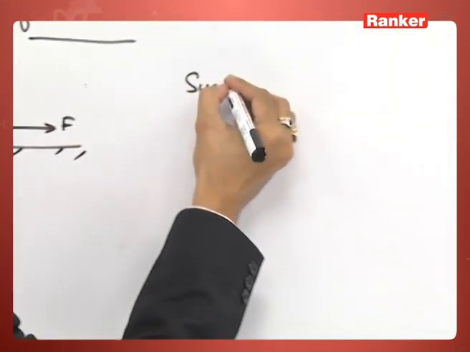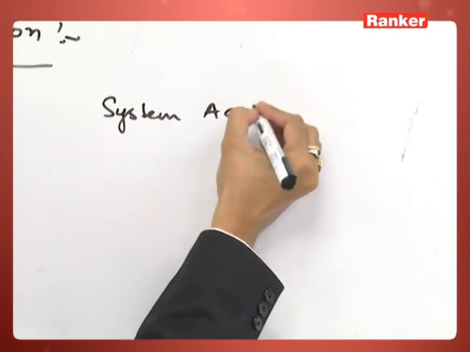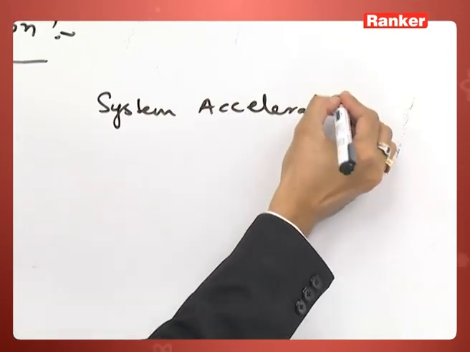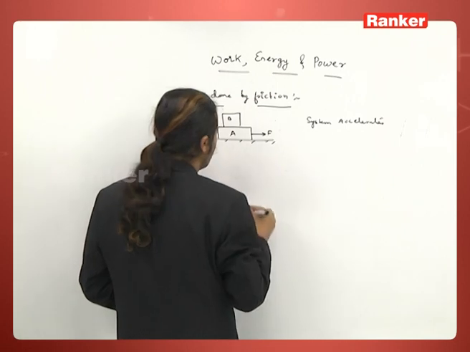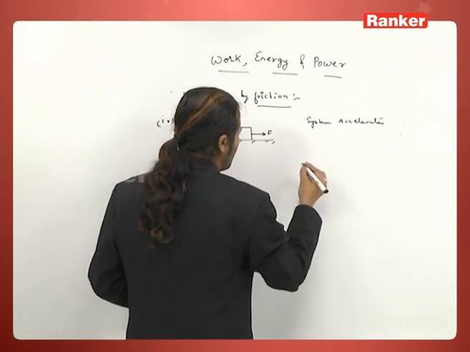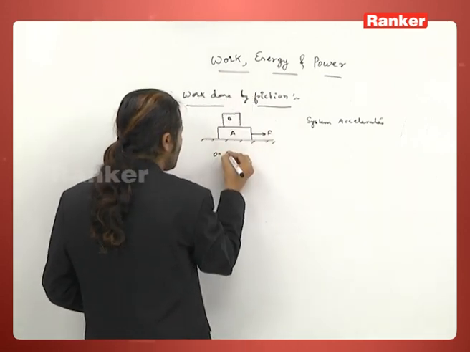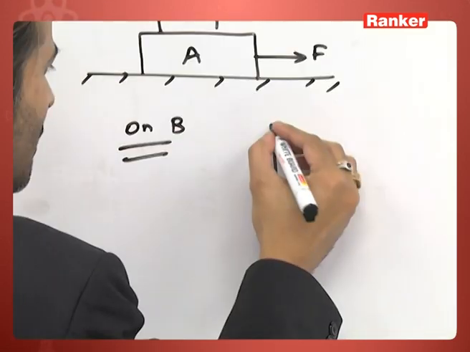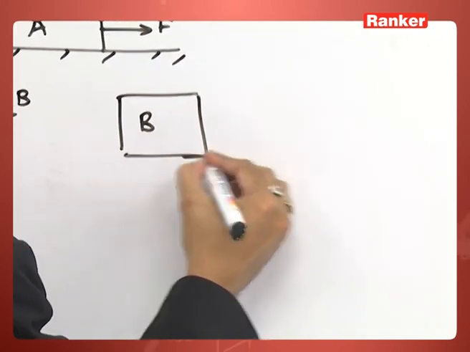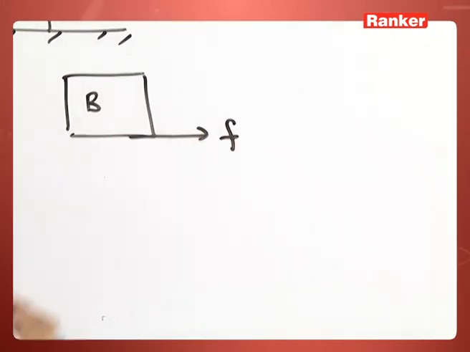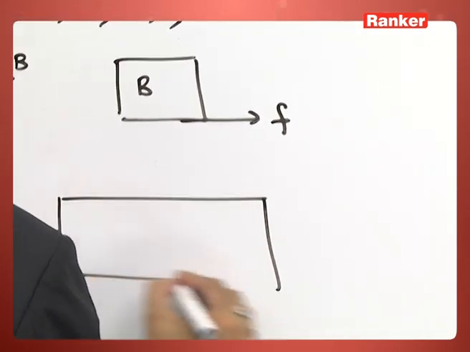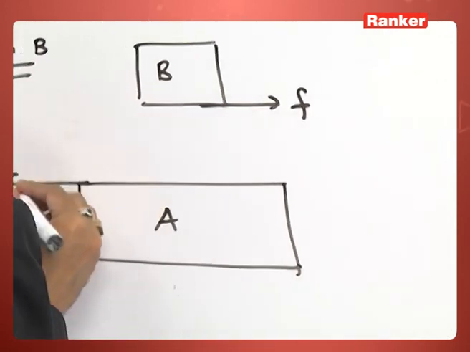System accelerates. So on B, frictional force is in this direction, and on A, frictional force is in this direction.